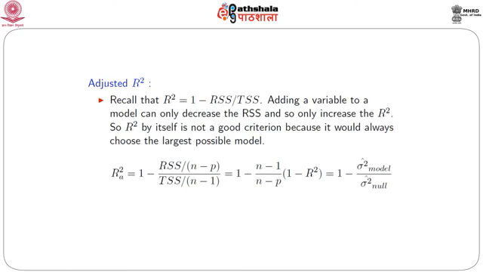Adjusted R square is given by R square subscript A equals 1 minus (residual sum of squares divided by n minus p) over (total sum of squares divided by n minus 1), which can be written in terms of R square as 1 minus (n minus 1) divided by (n minus p) times (1 minus R square), which equals 1 minus sigma hat square of the model divided by sigma hat square under the null.